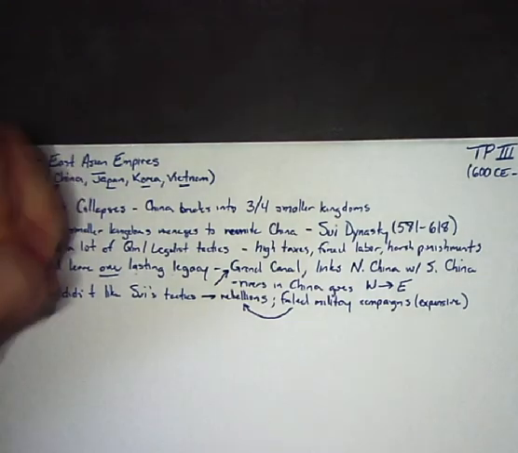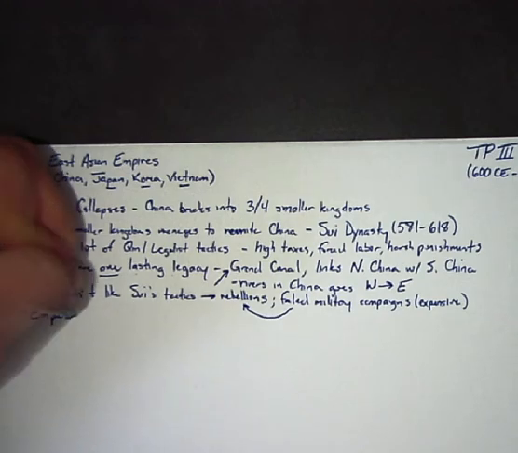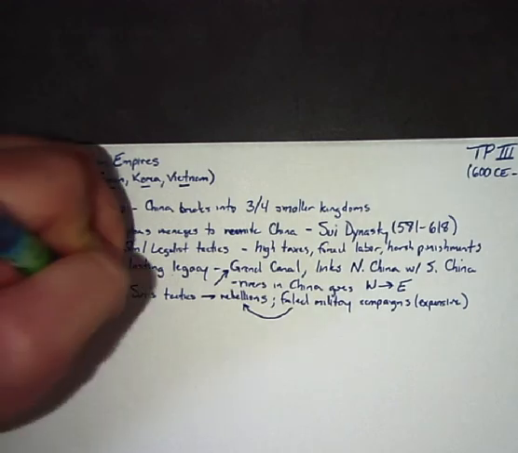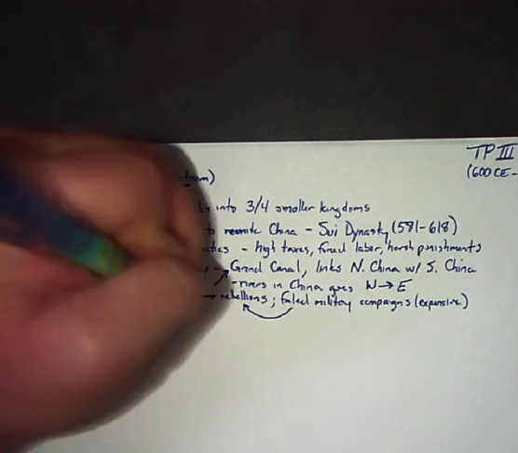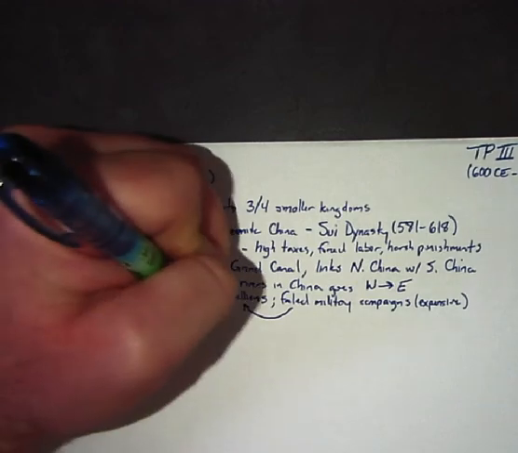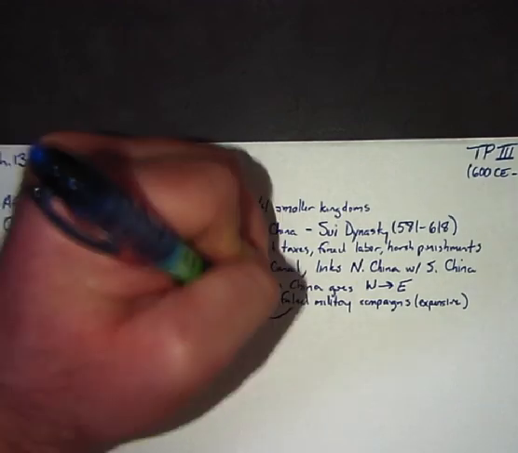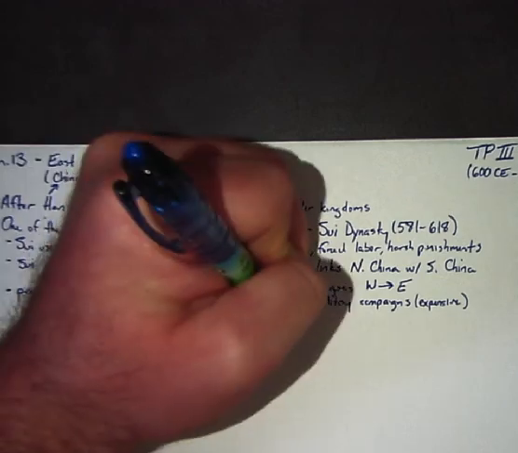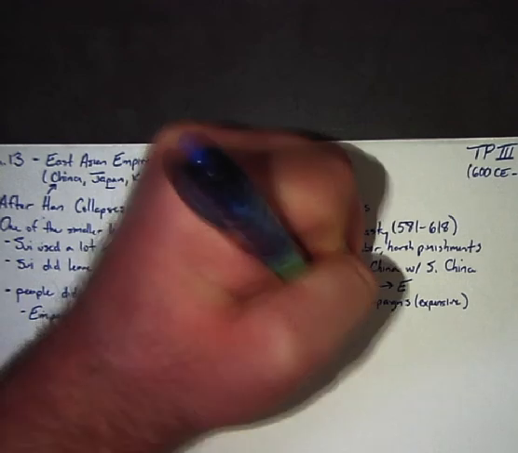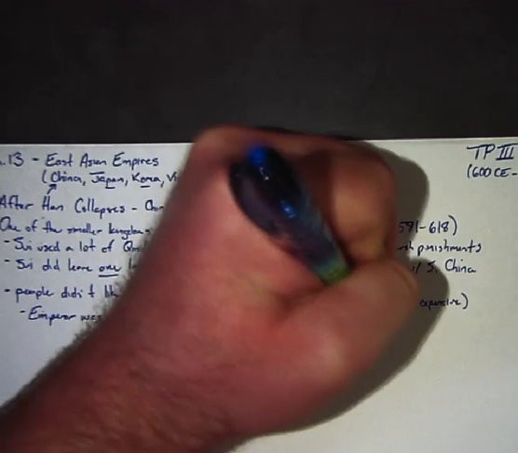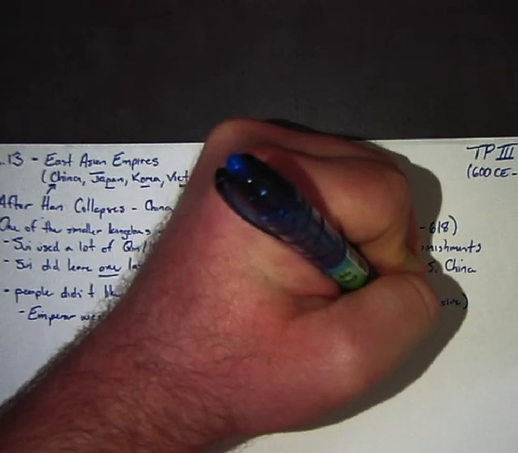And so when the emperor was assassinated, we get a rebellion that restores kind of some of the Han traditional government.